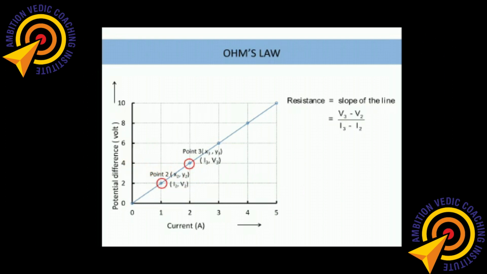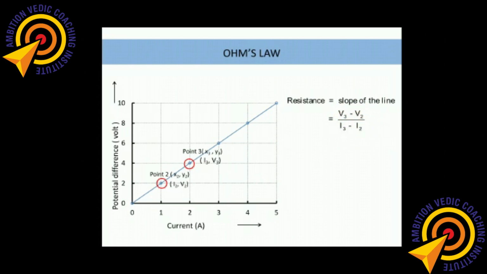Now when we substitute in the formula, resistance is nothing but the slope of a straight line passing through the origin in the potential difference versus current graph, right? And we saw slope can also be calculated by taking the difference of any two values on the y-axis and the difference of corresponding values on the x-axis.